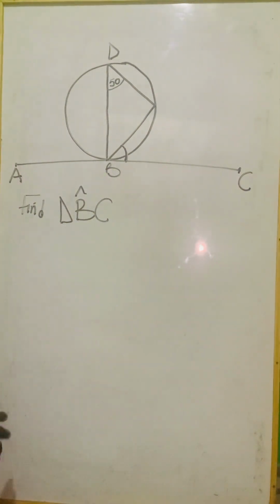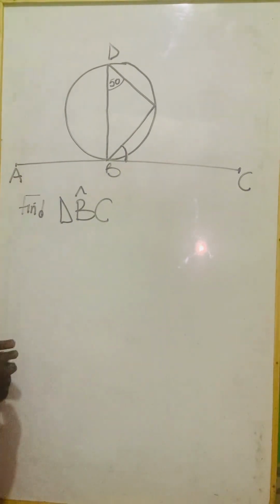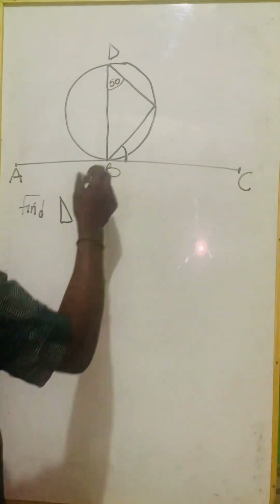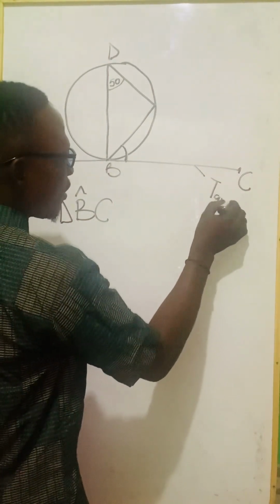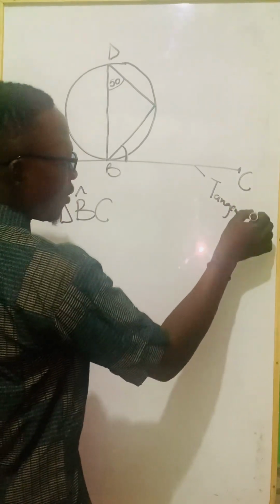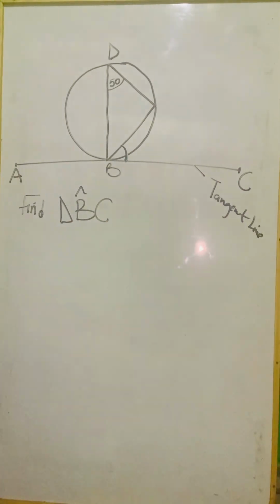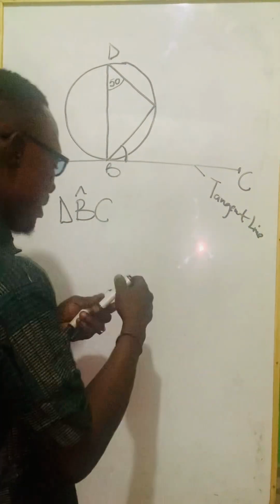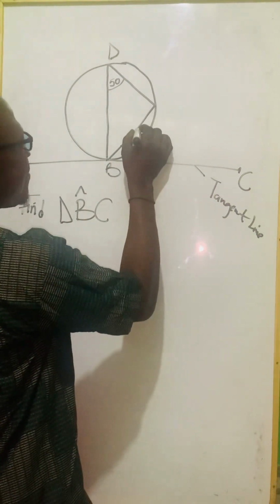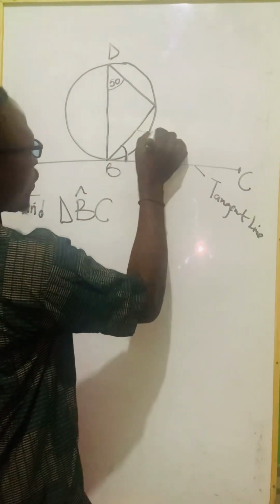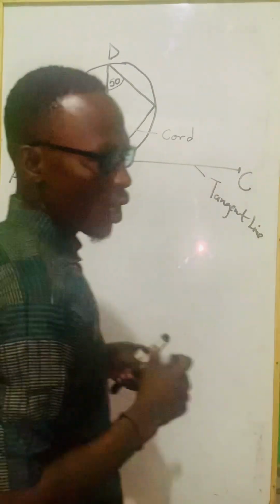All right, so let's continue to define this particular diagram. The line that you are seeing from A, B, C is what we call the tangent line. Apart from this line, we also have a line inside the circle, which we call a chord.